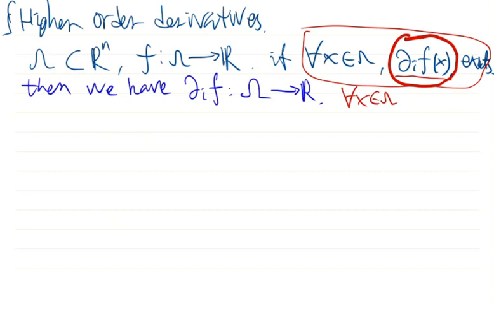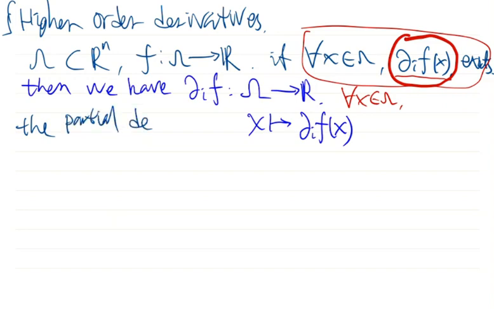So the value of this function at the point x is the partial derivative of f at x with respect to xi, the ith component. This function is called the partial derivative function.